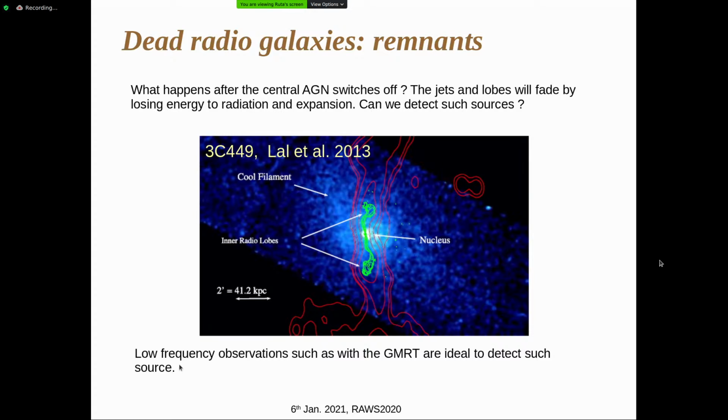So as you go to lower and lower frequencies, even within the bands that GMRT observes, the view of your galaxies can change drastically. And this is one example where this old radio galaxy has been drastically modified and distorted by the motion in the intracluster medium.